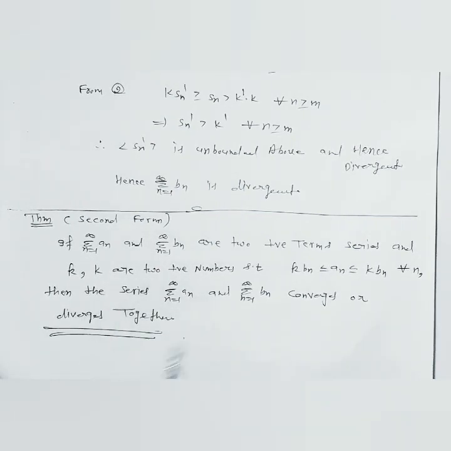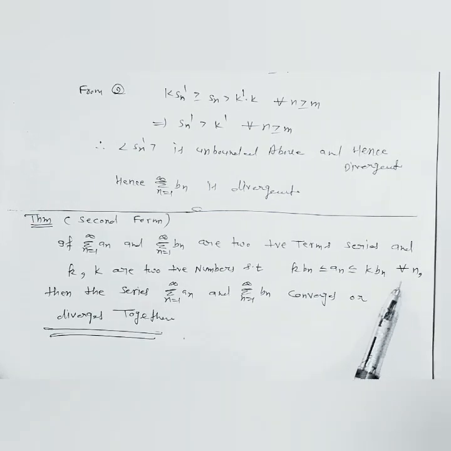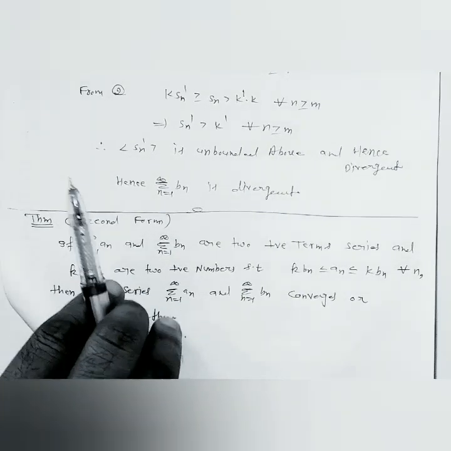Here in the second comparison test, it is given that there are two positive term series an and bn satisfying the following inequality: k times bn less than or equal to an less than or equal to K times bn for all n. In that situation, both the series an and bn converge or diverge together. Now we prove this comparison test.